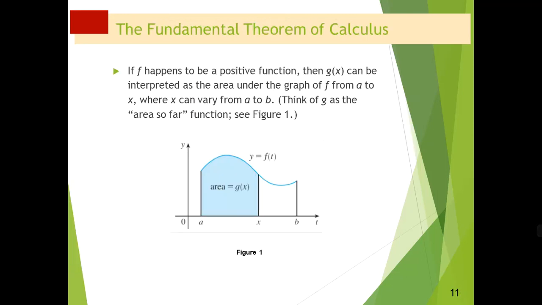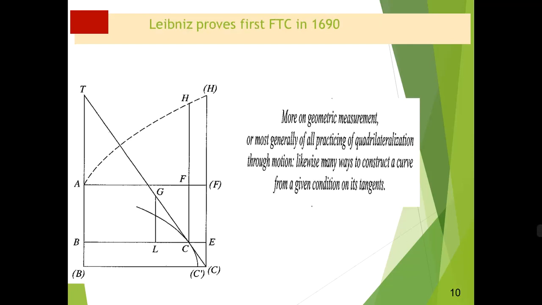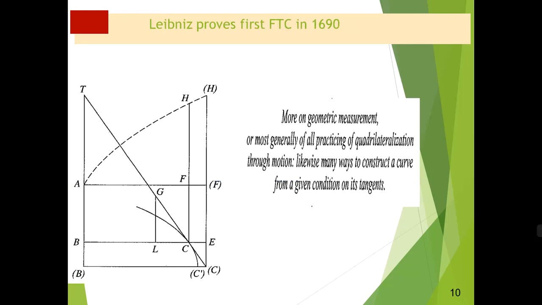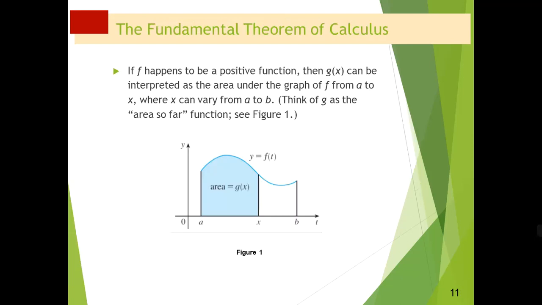Now this is his proof in modern language. This picture is a reproduction of Leibniz's picture. You can see in this picture that we can think of G(x) as the area below the curve y equal to f(t). We try to represent G(x) by a graph and the derivative G'(x) as the slope.